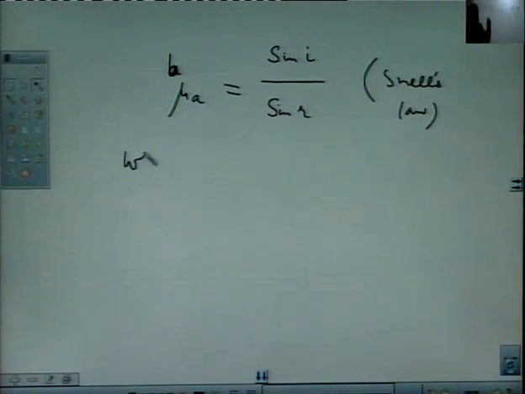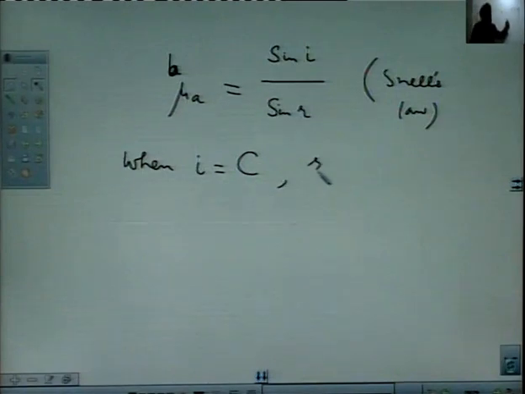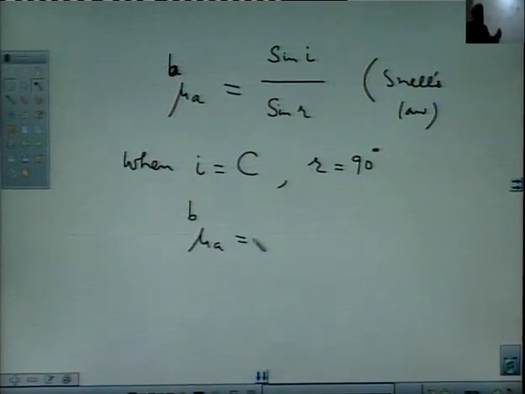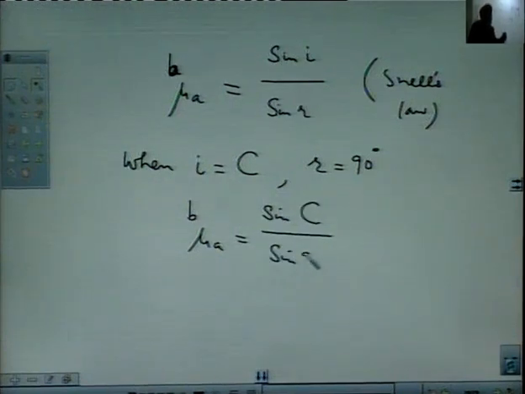When I is equal to C, R is equal to 90 degree. So, B mu A is equal to sin C over sin 90, and you know sin 90 is 1.